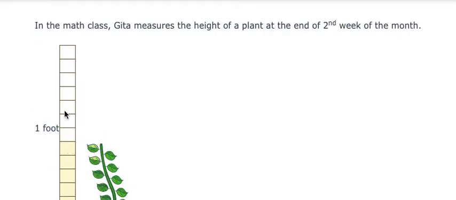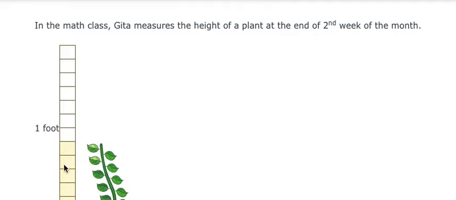Let's see how many pieces there are first. 1, 2, 3, 4, 5, 6, 7, 8, 9, 10, 11, 12. So 1 foot is 12 inches.